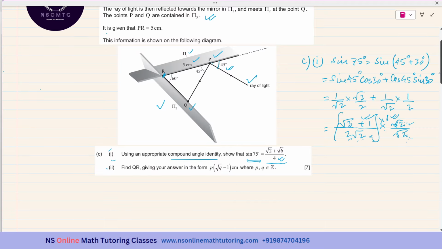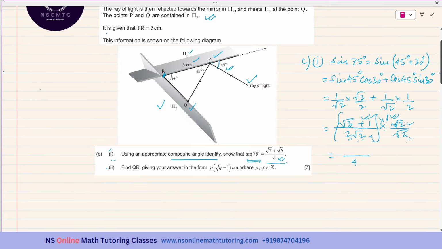I cannot multiply with some other number which would change the value totally. I may modify the way of representing the number, but I cannot change the number. I need a 4 in the denominator, so root 2 times root 2 is 4.